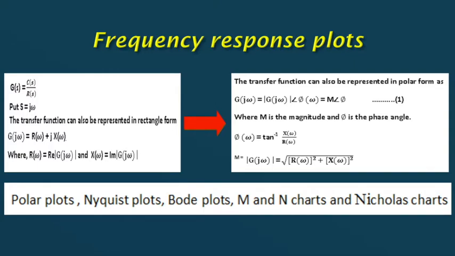From these plots, frequency domain specifications such as bandwidth, gain margin, phase margin, and others are determined. These details help in determining the stability of the system, adjusting the gain of the control system, and designing the control system. So I will first discuss polar plots.